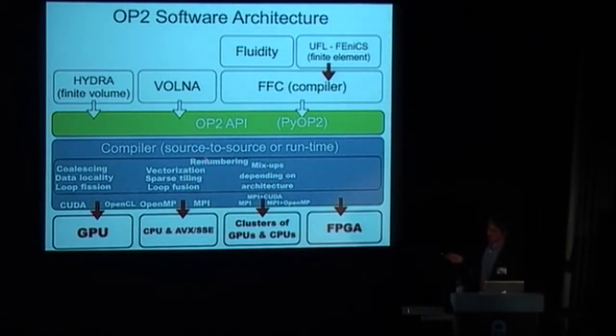There is a ROSE-based implementation, which is a source-to-source compiler, takes as input an OP2 program and outputs whatever you need here. So we output CUDA, OpenCL, OpenMP, MPI, and mixes, MPI plus CUDA, MPI alone, and MPI plus OpenMP. The implementation of PyOP2 is actually a runtime implementation, so it's all based on runtime code generation.